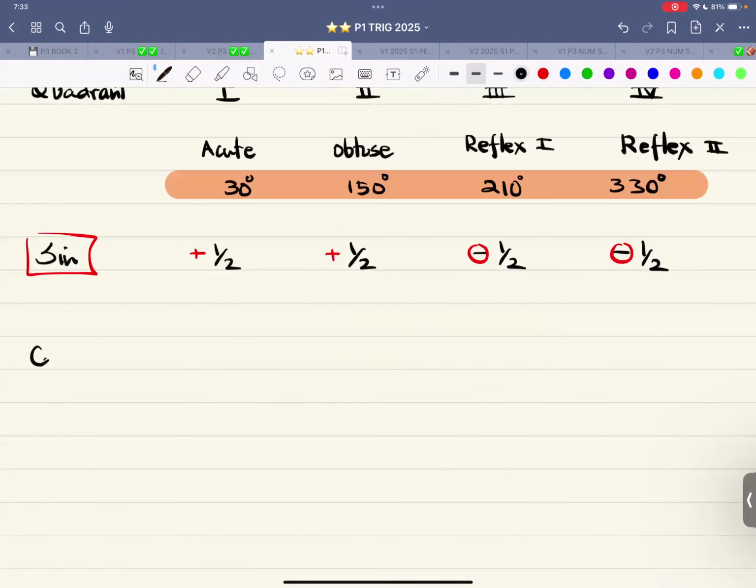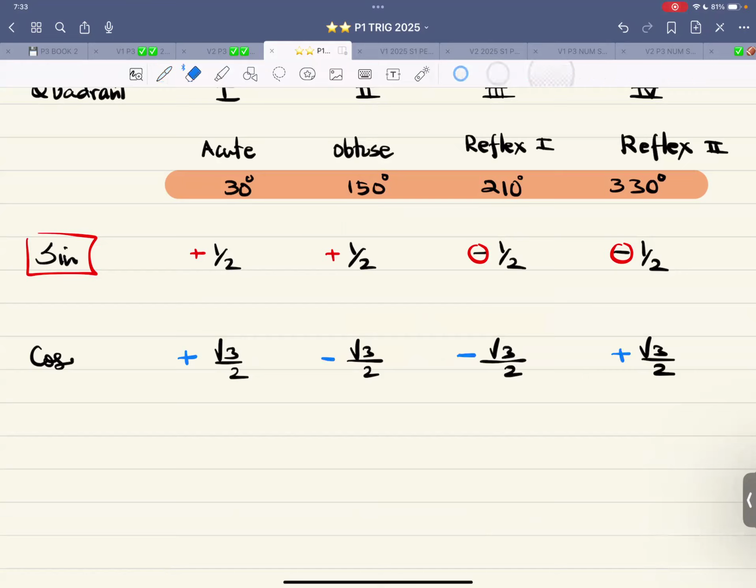Let me talk about cosine. So cosine of 30 is positive root 3 over 2, root 3 over 2, root 3 over 2, root 3 over 2. The first one is positive, the fourth one is positive, the second one is negative, the third one is negative. That is what we observe over here. And let me change the colors also. Negative, negative.